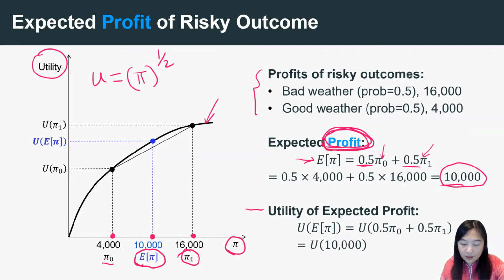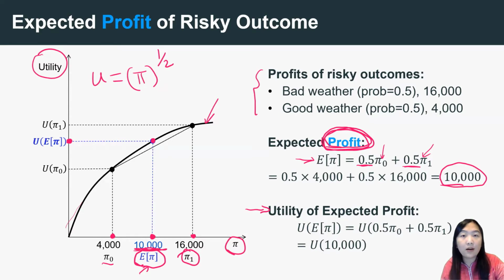And the utility of this expected profit is when you first find out the expected profit, and then you go straight up to the utility curve. So this black curve here, you go to that curve and find a point along it, and you go horizontally here, and that is the utility of expected profit. Again, the expected profit here is 10,000.